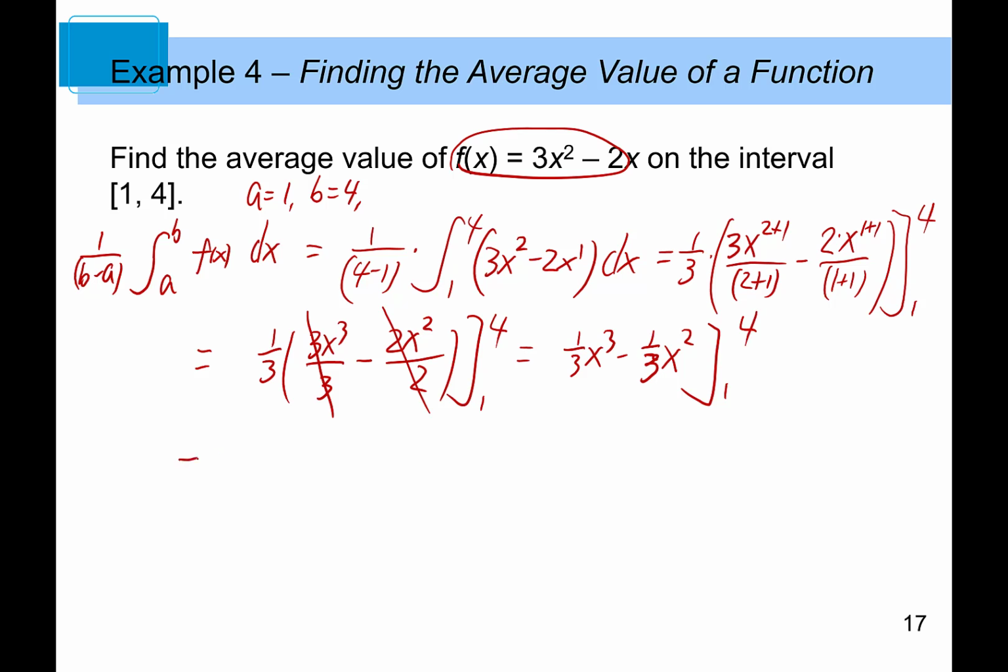Now plug in 4 first, we get 1/3 times 4 cubed minus 4 squared. And plug in 1: 1 cubed minus 1 squared.